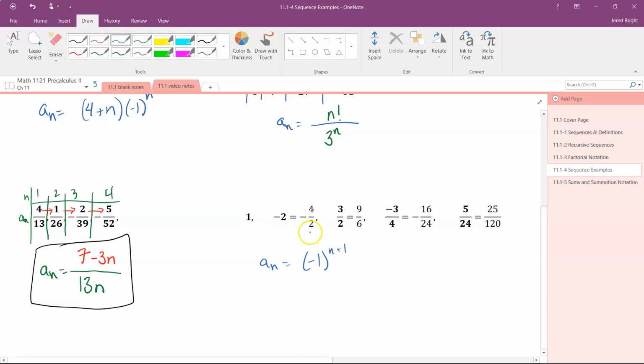The denominators are 2, 6, 24, 120. That's 2 factorial, 3 factorial, 4 factorial, 5 factorial. So the denominator appears to be n factorial, because this would be term 1, term 2, term 3, term 4, term 5.